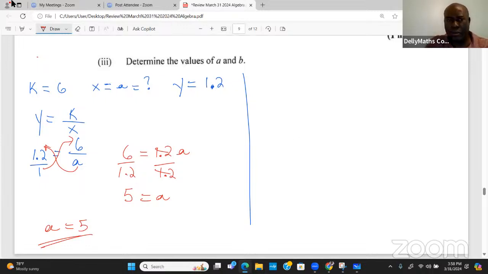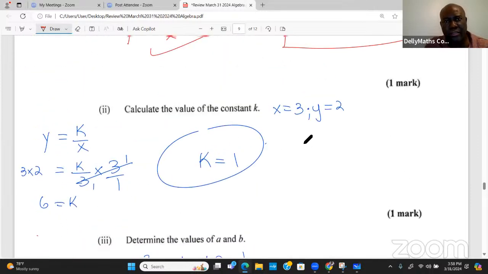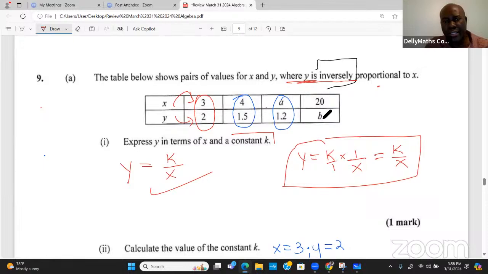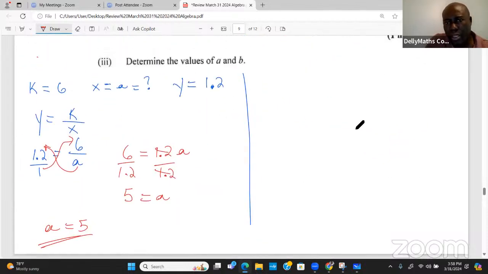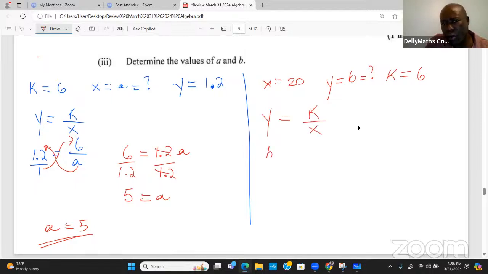Now we're going to be doing the other part. So what we want to do is go back to see what's going on for the B value. X is 20 when Y is B. So X is equal to 20. Y is equal to B. We don't know it yet. But K still remains to be that 6 for this question. So then Y is equal to K over X. Y is B. We want to find a B value here.